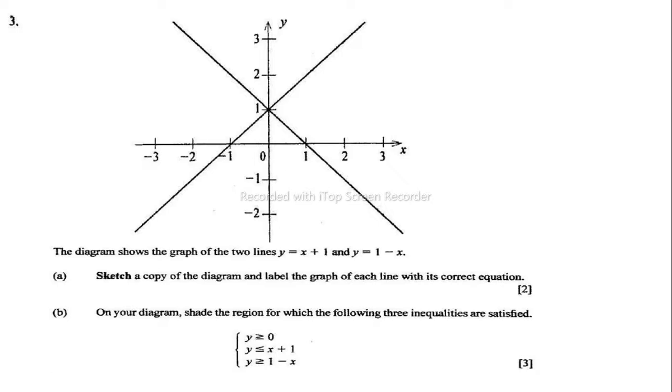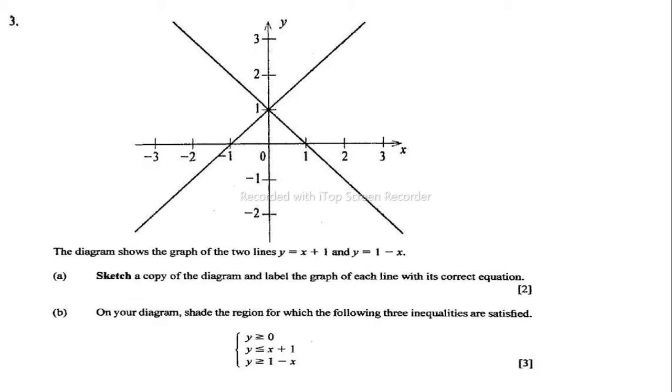So what will be the equation of this one and then this one? All right. So any ideas? Which one would be x plus 1? Which one would be 1 minus x? And what gives it away? Which one will you label y is equal to x plus 1?